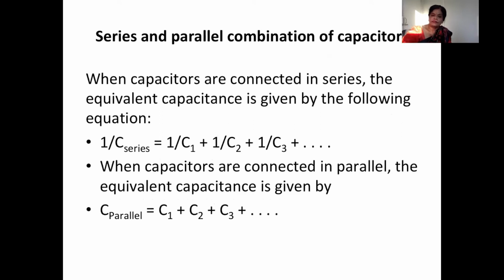Capacitors can be used either in series or in parallel. In opposite to resistances, which add when connected in series, in the capacitor case, when they are connected in series, their capacitances work as 1 by C is equal to 1 by C1 plus 1 by C2 plus 1 by C3.